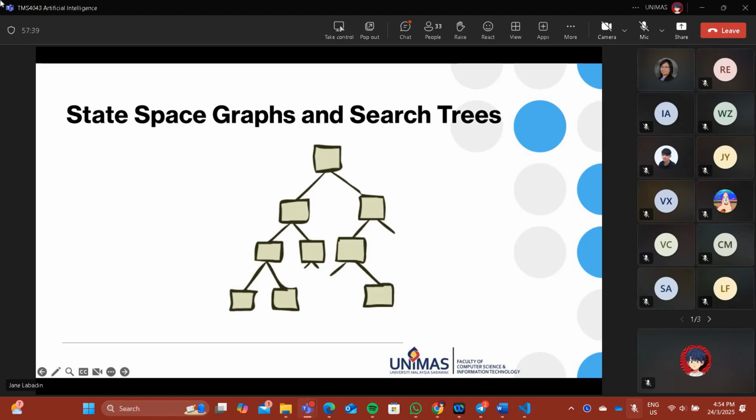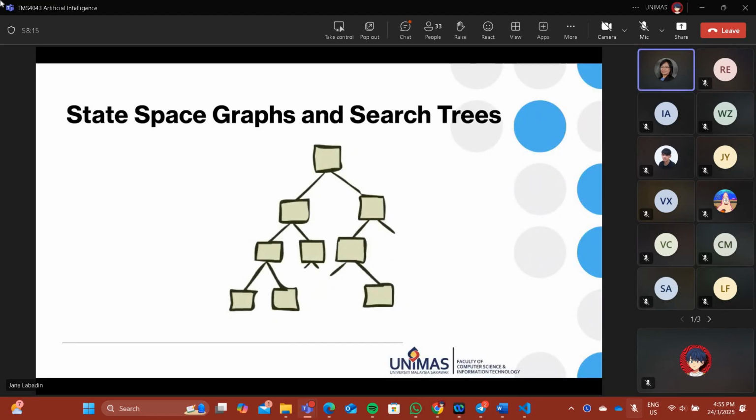Okay. So before we can move on, how do we move from one state to another state? What is the rule to use? The best way to look at it, you will perhaps want to visualize. You will need to abstract the problem into something that is easier to code.